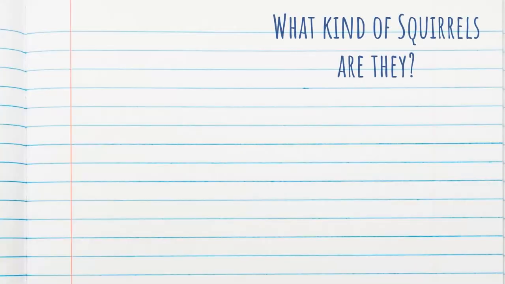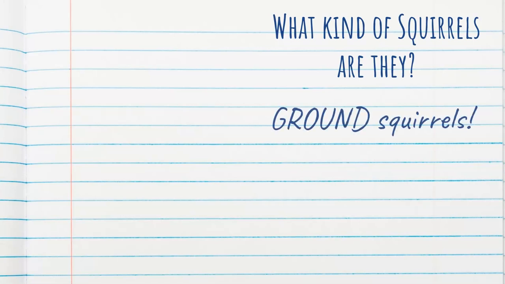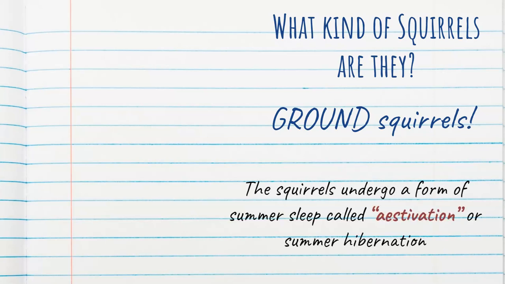Let's think about this for a minute. What kind of squirrels are they? If you paid attention to your graph, you will notice they were ground squirrels. So what happens in July when it gets really hot and dry and sunny is the squirrels go underground and they hibernate. So they're not there, we can't count them. It looks like they went to 0.